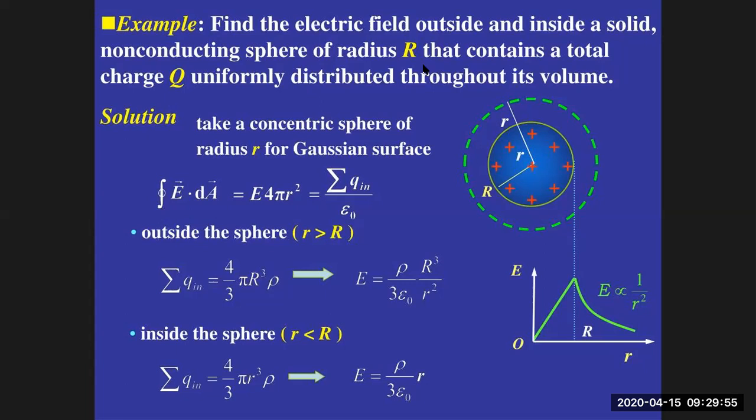And even in case of a conducting solid sphere, electric field inside the sphere will be 0. But in case of a non-conducting solid sphere, electric field inside the sphere will be non-zero.